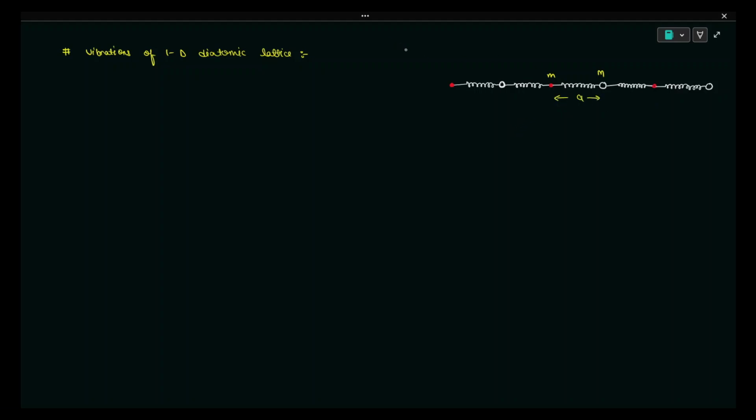We can give a numbering to these atoms as, let's say, this small mass is at 2n, this is at 2n plus 1, 2n plus 2, and similarly backwards, 2n minus 1 and 2n minus 2. So this is the state of equilibrium.